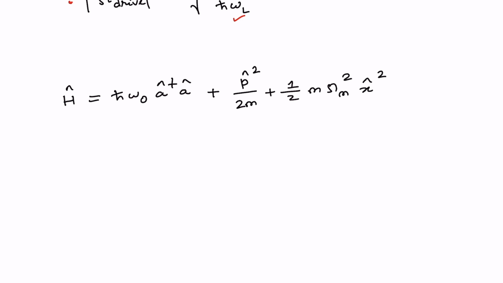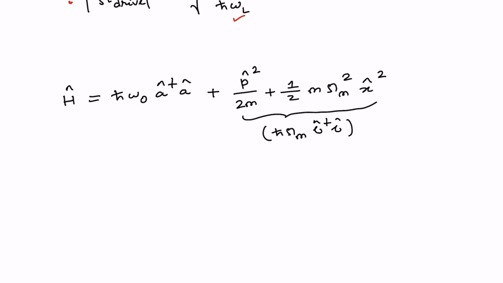So this is the energy of the mechanical oscillator, and earlier we have written it as ħ ω_m b†b. So rather than writing it in this form, now I am writing it in terms of p and x. Then we have this third term.